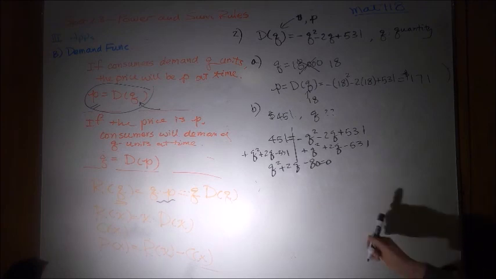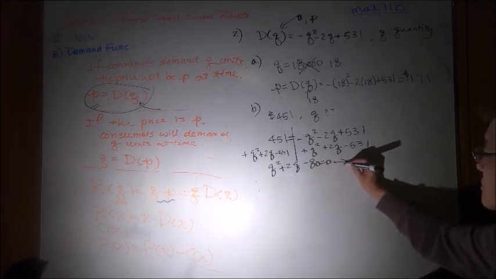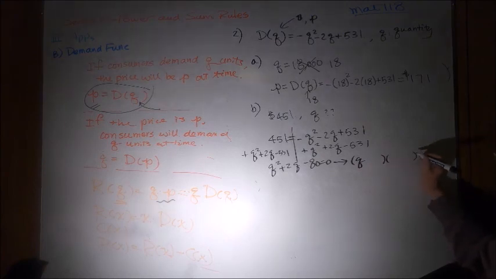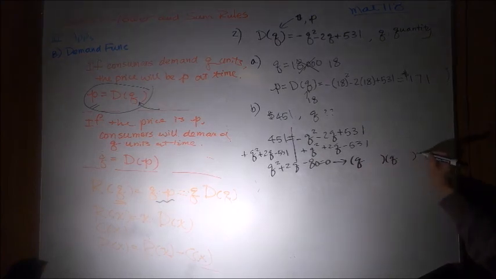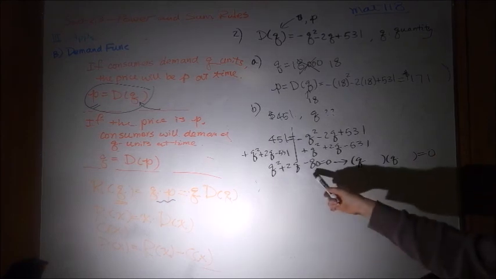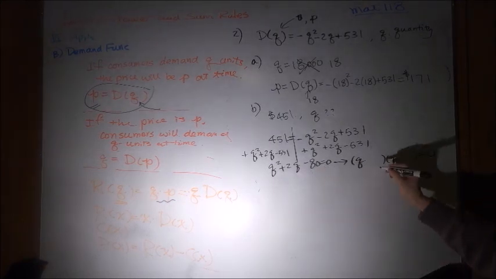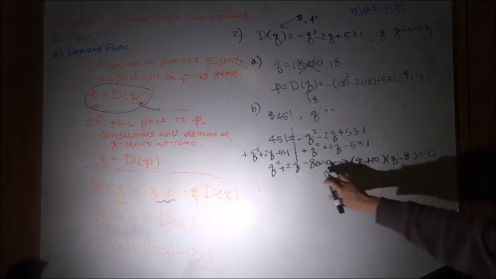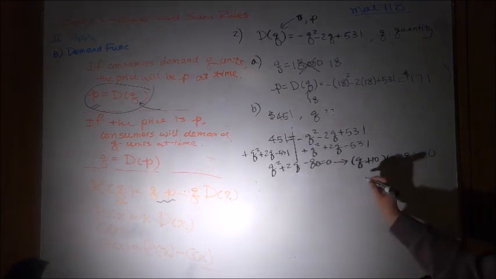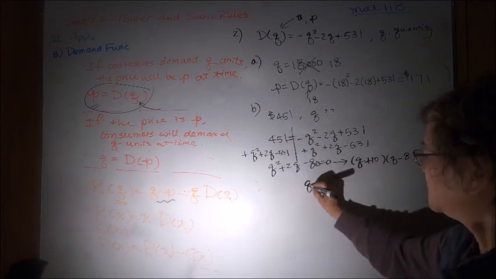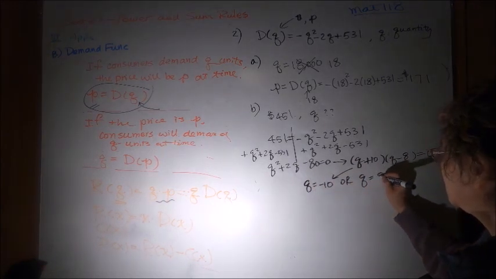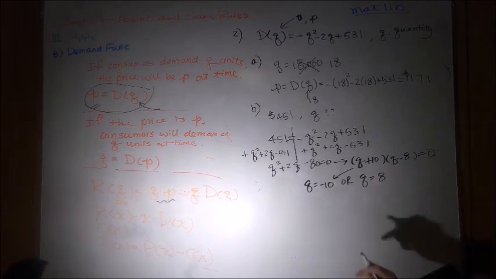Two numbers multiplied together is negative 80, added together is 2. That would be 10 and 8. That will work, plus 10 minus 8. So Q can be negative 10 or Q can be 8.